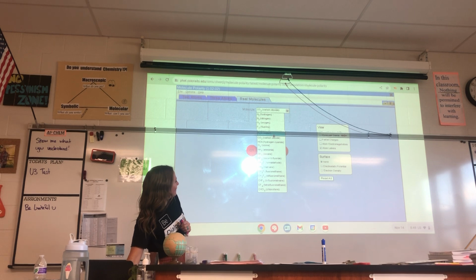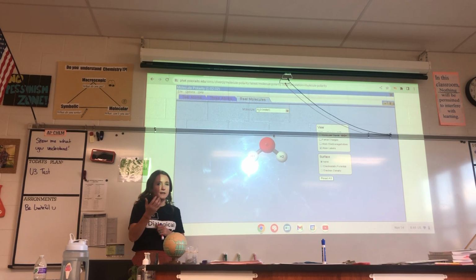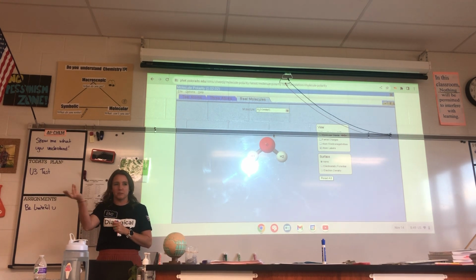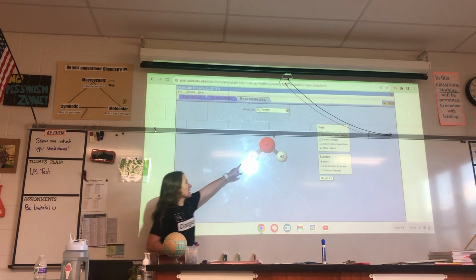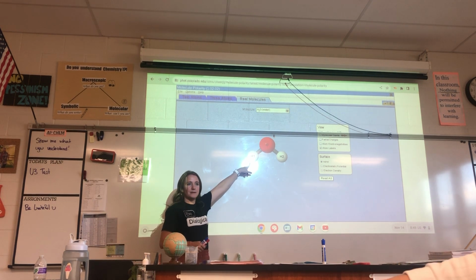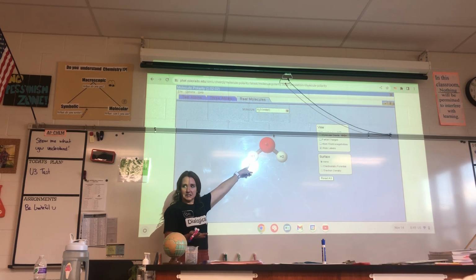Okay. All right, let's come to water. Now we kind of already know the answer of if it's polar or not because you've been playing with water molecules. But let's walk through the process. First off, what's the name of this shape? Bent. Okay. Does this structure have lone pairs? Yes.